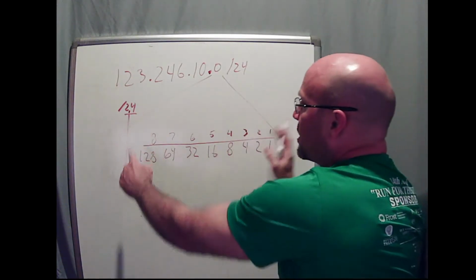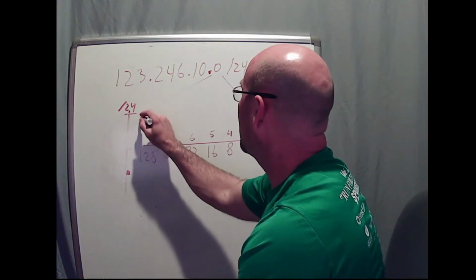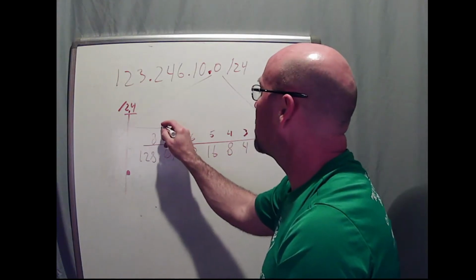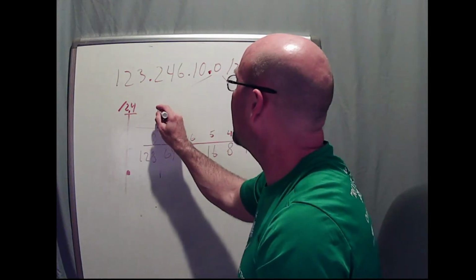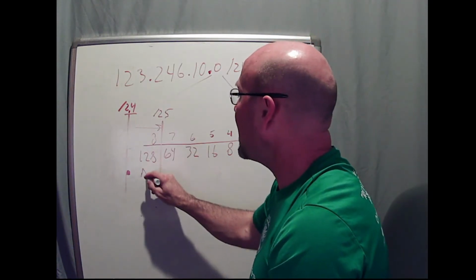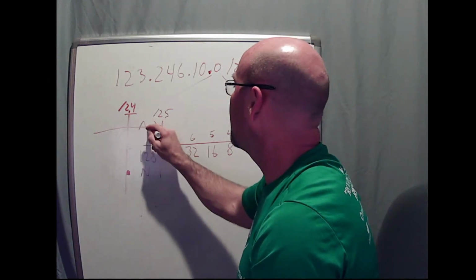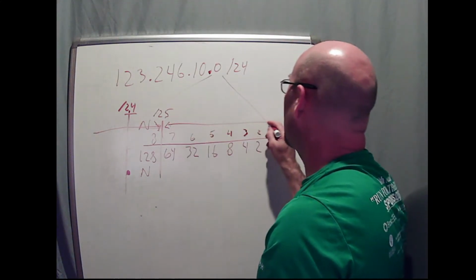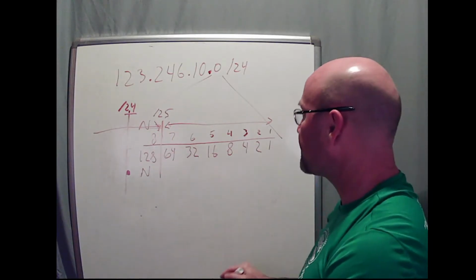Just keeping you focused. Our desire is to repurpose one of these host bits as network. Let's slide the mask over 1 space, to here. This will now be known as a /25. This now becomes a network bit. We just slid the network bits over and redefined the boundary, and now these are our host bits for this newly defined /25.